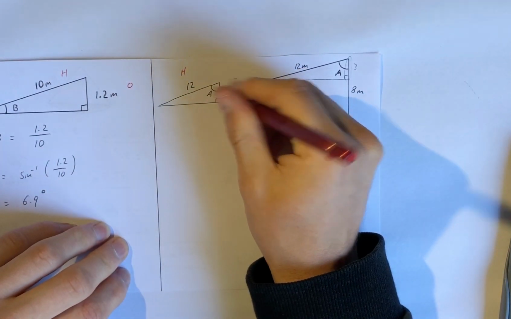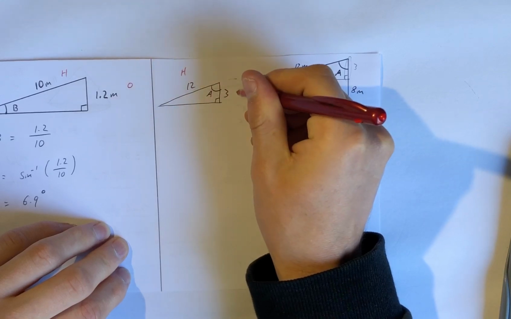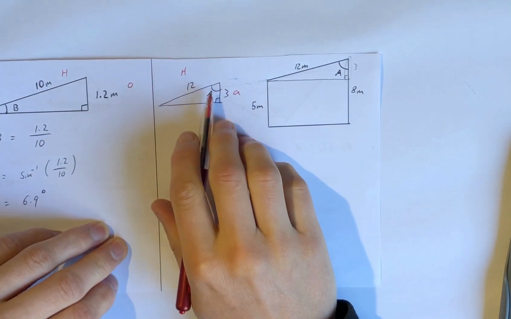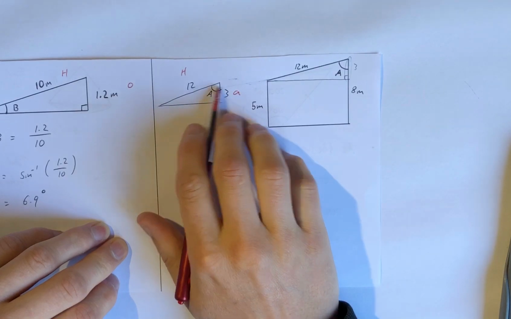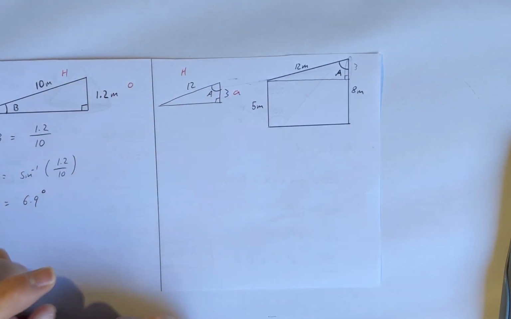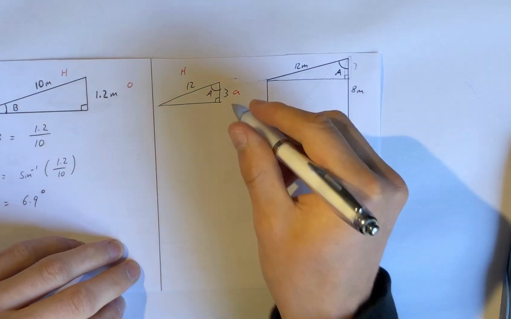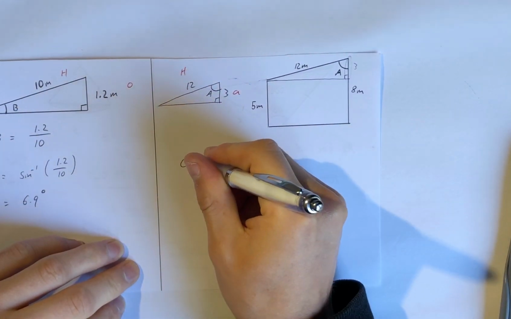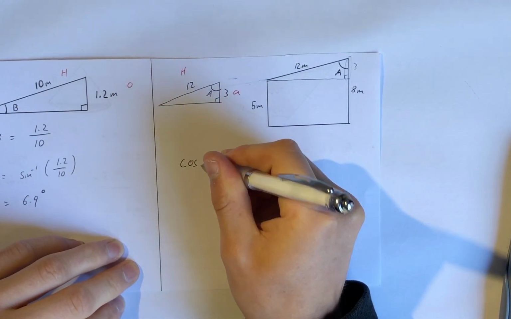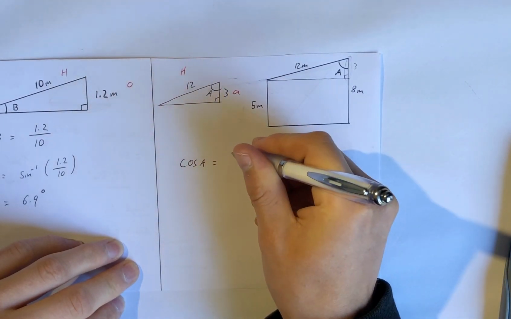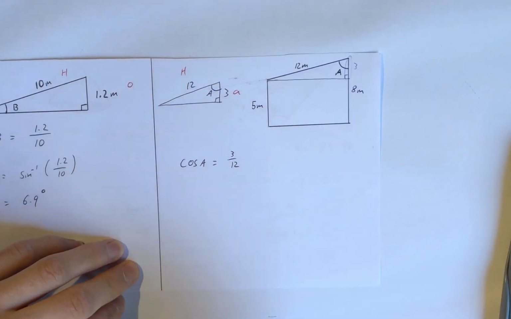So that's A and that's H. A for adjacent and H for hypotenuse, because the adjacent side is next to that angle there. So we're using cosine. So if I was to take cosine of A, that would be A over H, or 3 over 12.